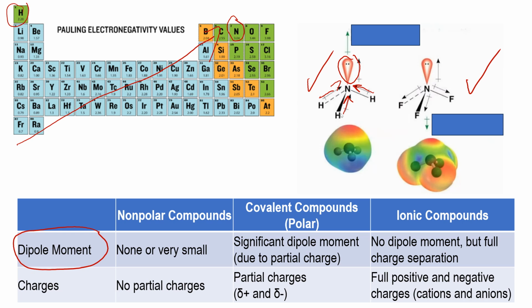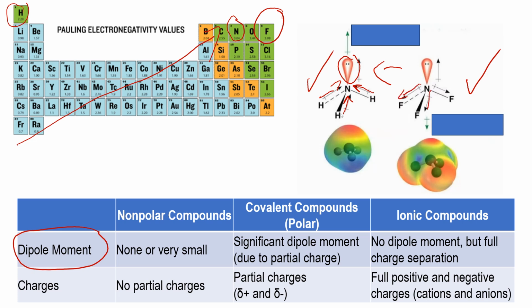Now we'll look at nitrogen trifluoride. The structure of nitrogen trifluoride is similar to ammonia here. So it is a trigonal pyramidal geometry. But electronegativity wise, you have here your fluorine atoms. Fluorine is much more electronegative than nitrogen. So the bonding electrons are pulled toward the fluorine atoms.